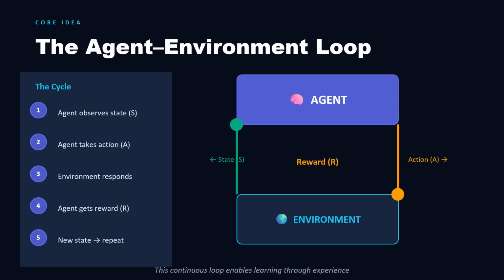Reinforcement learning works in a continuous loop. The agent observes the current state, takes an action, the environment responds, and the agent receives a reward. This cycle repeats again and again, allowing the agent to learn from experience.